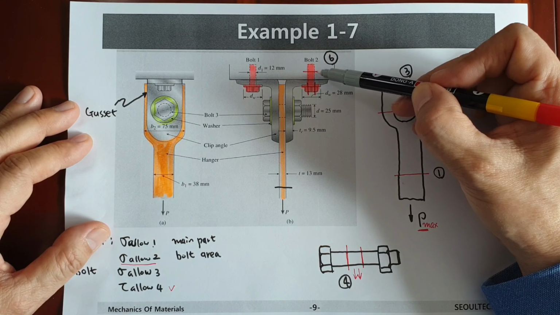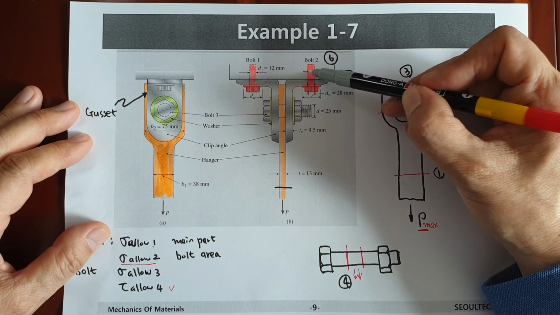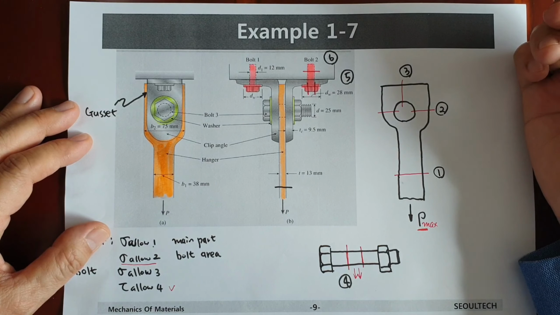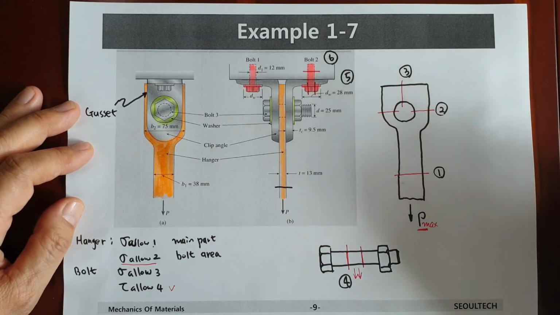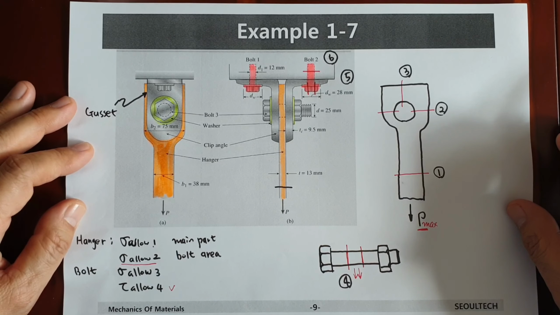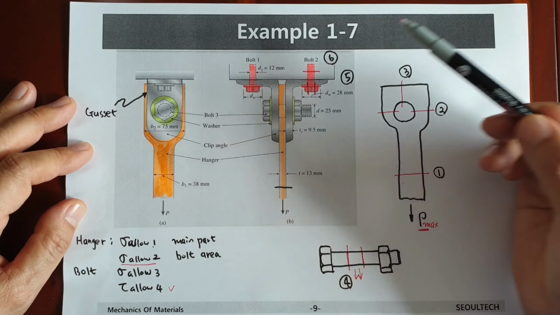If it is tightly assembled here, the actual diameter of the bolt maybe isn't so serious. But anyway, in the worst case, we can think of the diameter of this bolt.